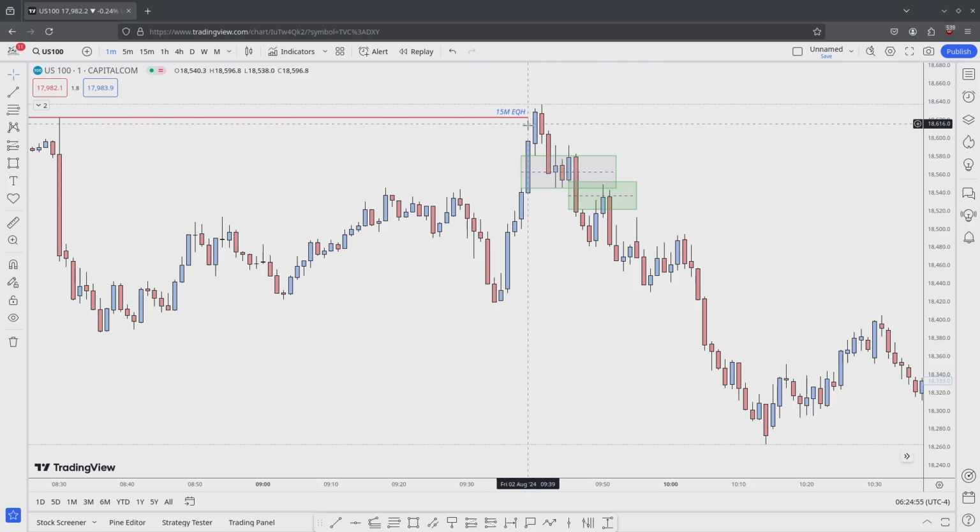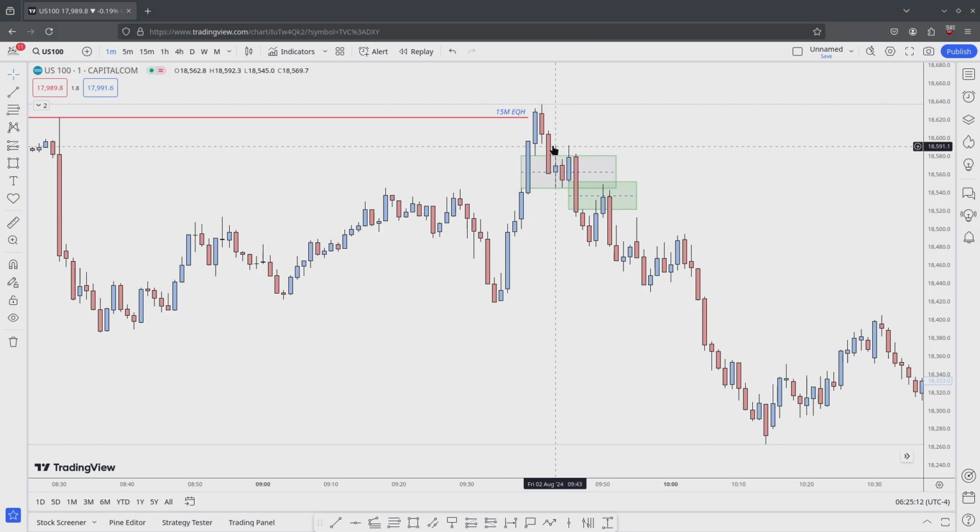Did we have a market structure shift? We have a low here. Price traded through that low, and we have done so with a big impulse candle.